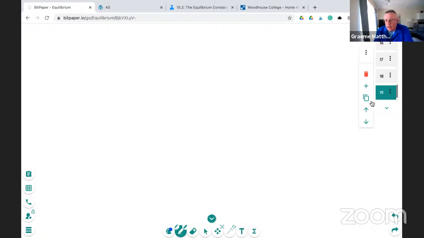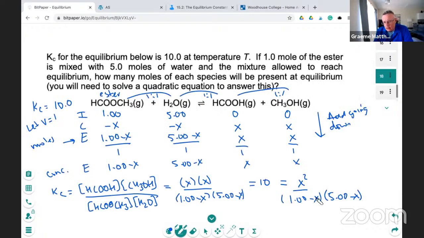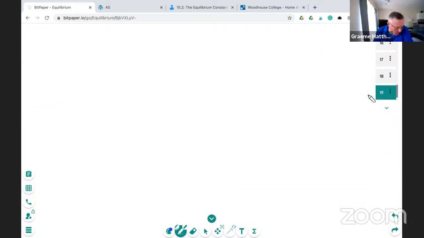So what I'm going to do is bring this and this over to this side here. If I do that, I've got 10, and then 1 minus x, and 5 minus x, brought over, is equal to x squared. I need to distribute this.